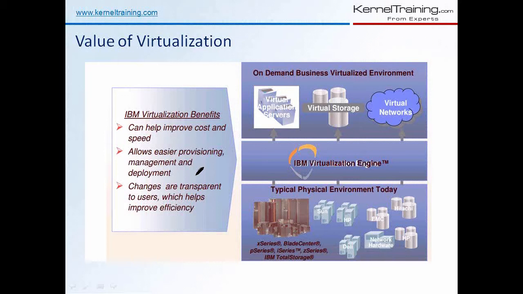Easier provisioning means that as per the workload, all the resources change on the fly, with no need to take downtime. On the fly I can increase and I can decrease. This is the benefit. Changes are transparent to users, which helps improve efficiency.